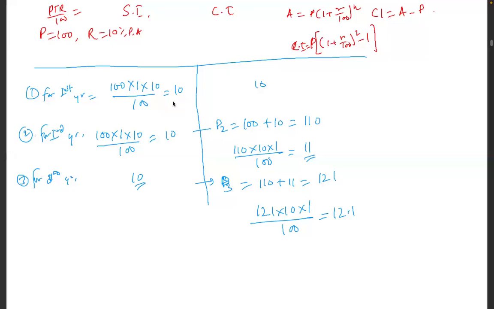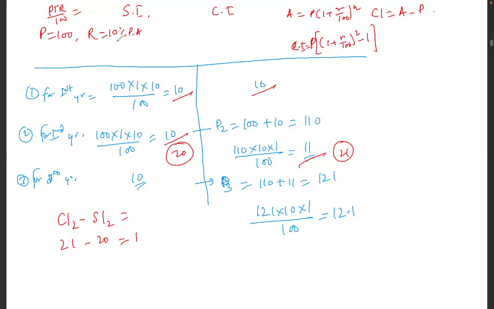Now guys, look at simple interest after 2 years. Is how much? 20. Compound interest after 2 years is how much? 21. So CI after 2 years minus SI after 2 years is equal to how much? So 21 minus 20 is equal to 1. Now, if I say this 1 is nothing but 10% of 10, that is interest of first year, there's no problem, right? And why I'm calculating 10%?